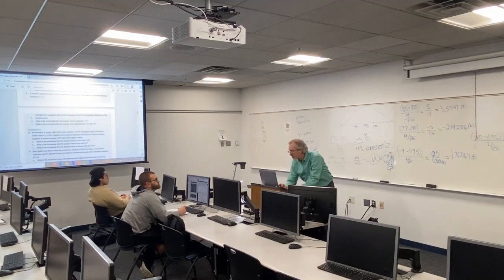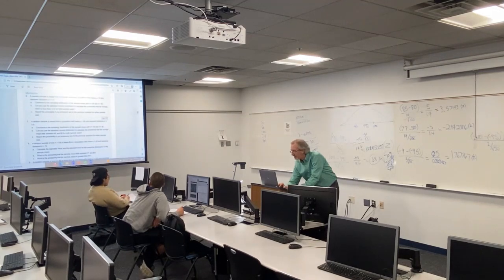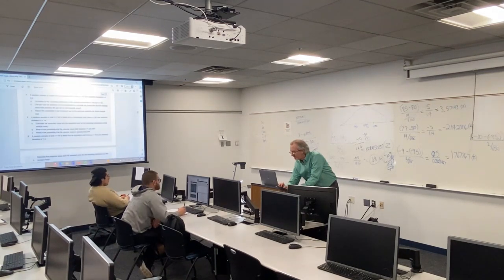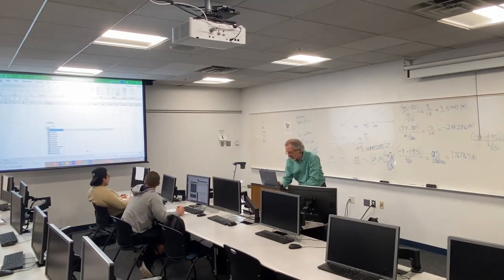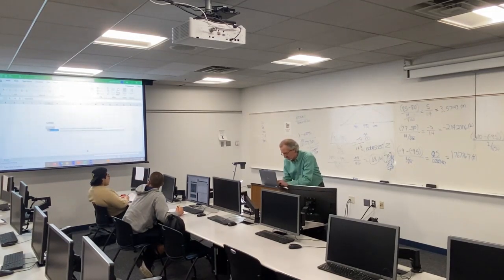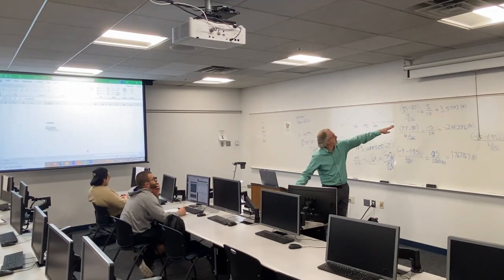Here I go. Okay, equals NORM. Oh, you know what I forgot? This is solve it using Excel. NORM.S.DIST. The first one is 3.57.